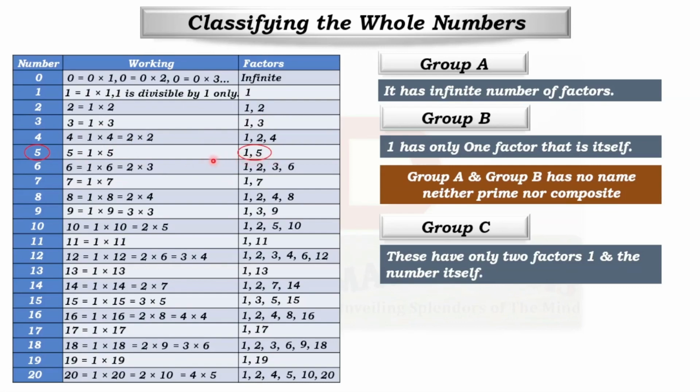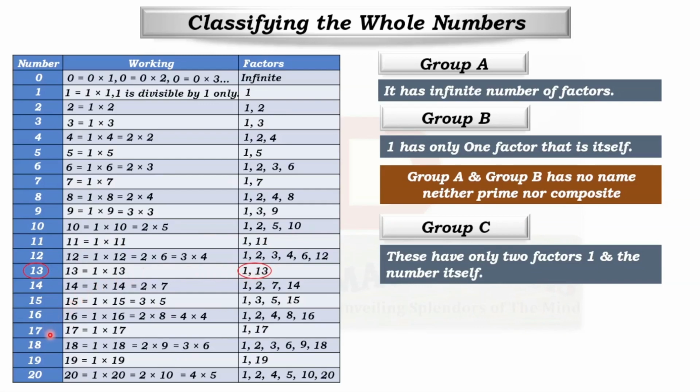Then here is number 7, with only 2 factors, 1 and 7. Then here is number 11, with only 2 factors, 1 and 11. Next is number 13. It has only 2 factors, 1 and 13 the number itself.